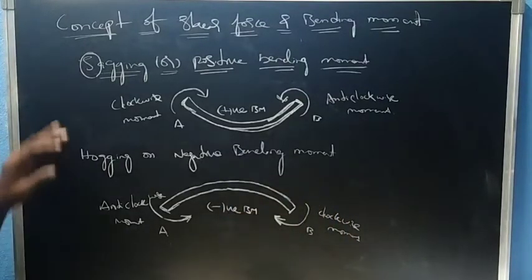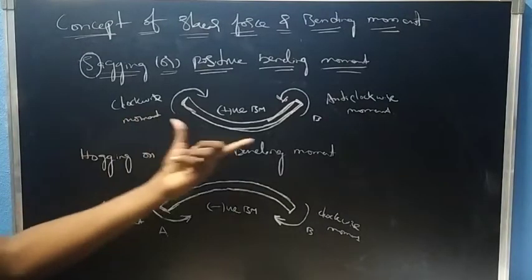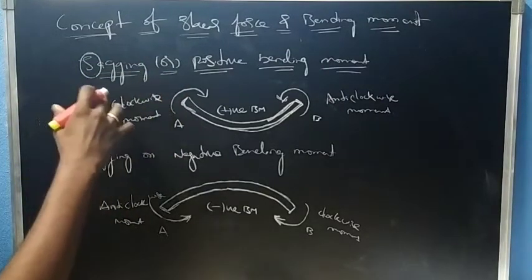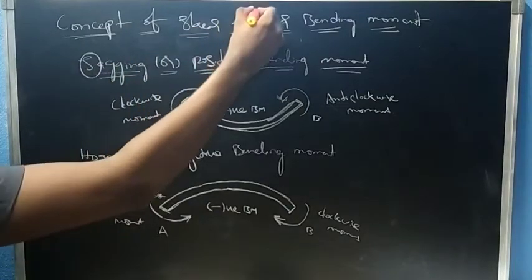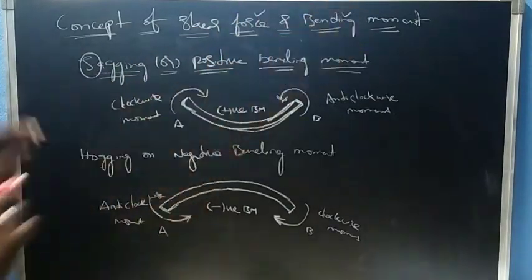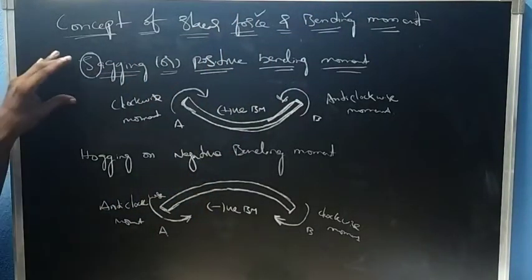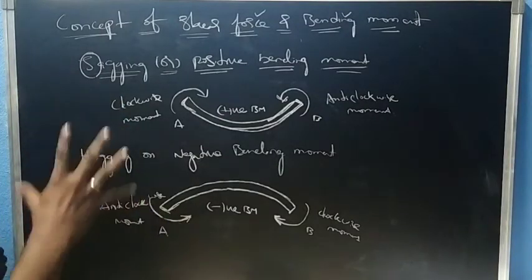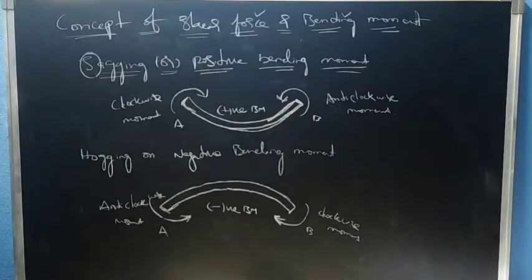So this is how we take this kind of sign convention when we are doing problems, but we have a procedure to follow when we are trying to find the shear force and bending moment. So we'll see step by step and understand each procedure to find shear force and bending moment.